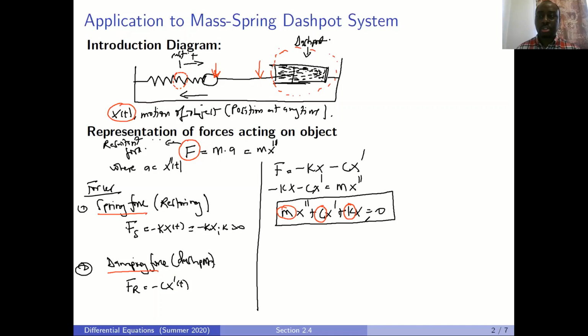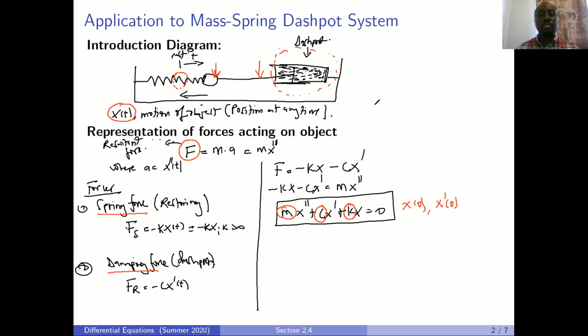If we have initial conditions on the initial displacement and the initial velocity, we have an initial value problem that we can find a particular solution to, and that particular solution will govern the motion of the object, as it is driven by the spring and resisted by this dashpot.